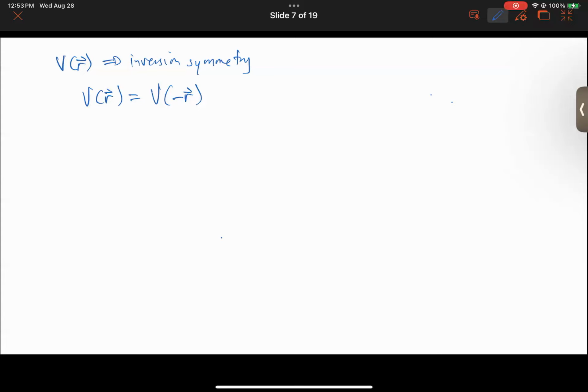Then if this is the case, your wave function will have odd or even parity. In other words, the wave function will have this property. If it is positive, that is even parity. And if it is negative, that is odd parity.